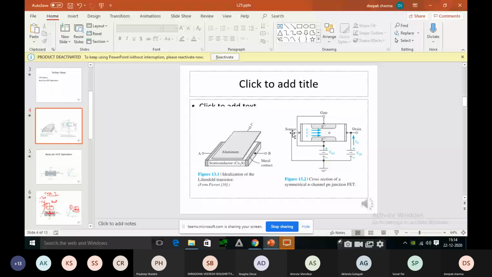So the very construction starts with taking a pure semiconductor. This is the very first step. Almost everywhere we use this first step, that is taking a pure semiconductor. Then you dope it with some material, that is P-type material or N-type material. This will be step number 2. Okay. So I had given an analogy saying that take a single bread, and that bread will act like pure semiconductor.